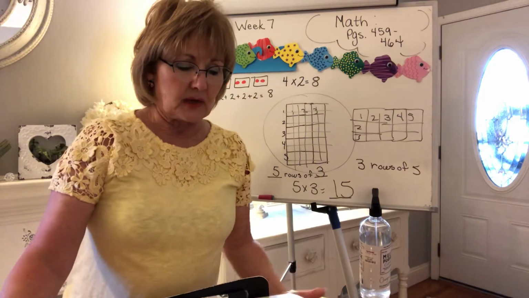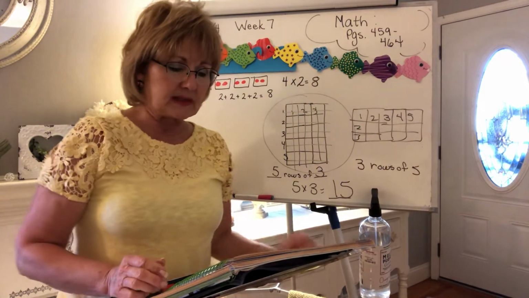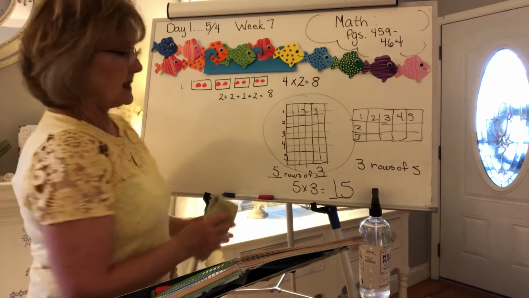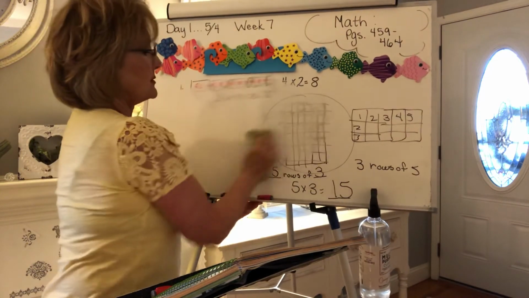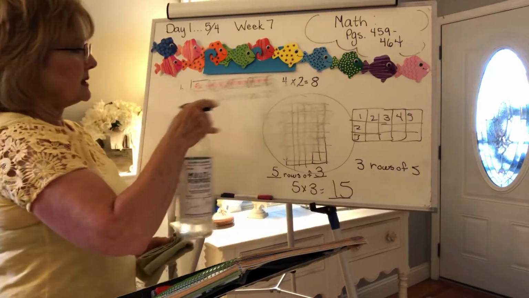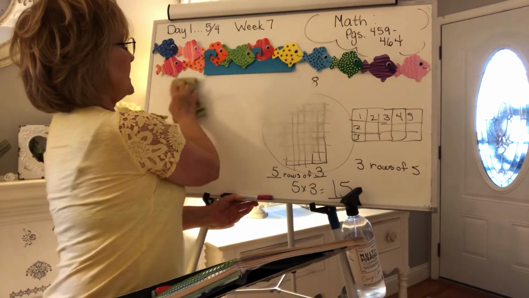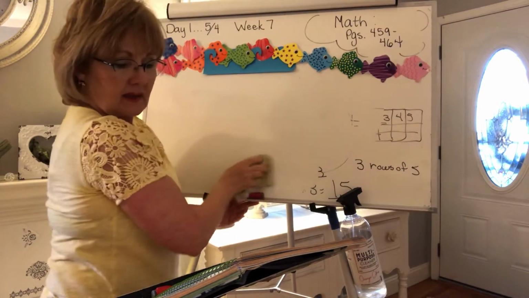Then it says to draw a picture to solve, write a number sentence. Mr. Reese buys 3 bags of apples, 6 apples in each bag. We want to know how many there are. So just like we've been doing all along, how many bags? 3? Good.